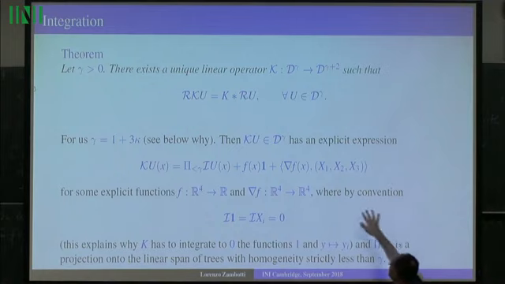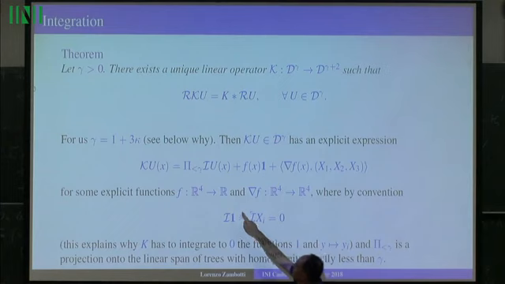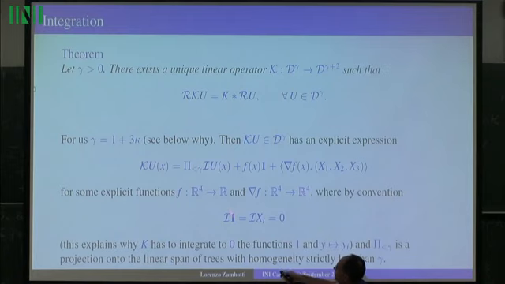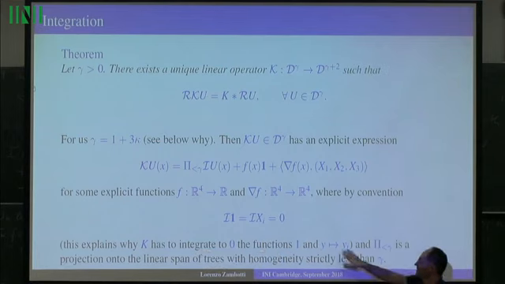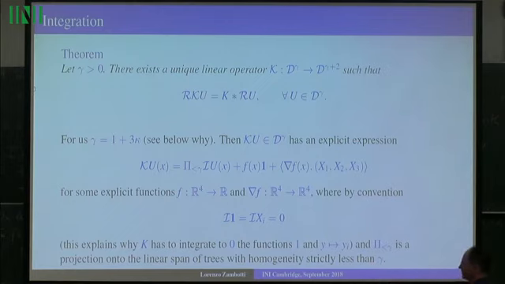There is just one additional convention. In U, you already have 1 and xi. Every time you encounter the symbols I of 1 or I of xi, you put this to 0. And this explains why you wanted k to integrate to 0 the functions y. These are maybe small technical details, but you will see later where we apply this.